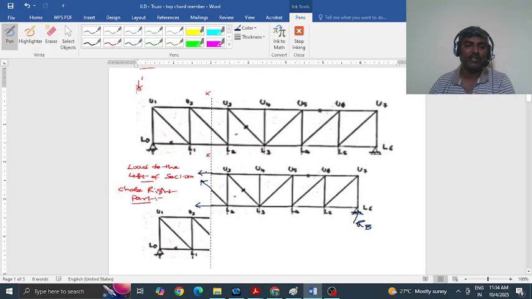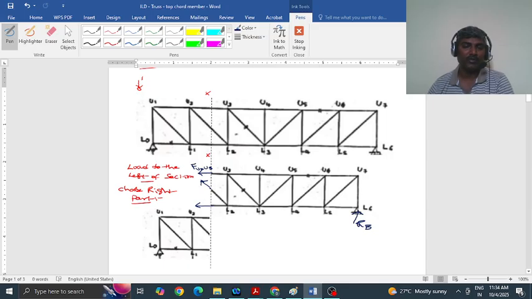We want only this force, named F U2 U3. The other forces you don't want to find. Recalling the method of sections, you choose an equilibrium equation to get only this force, leaving the other two unknowns.